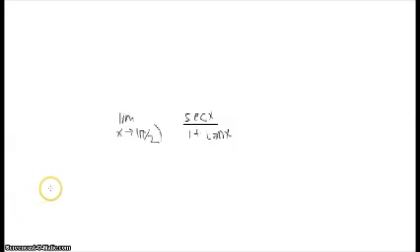For example, if they give you the limit as x approaches pi over 2 of secant x over 1 plus tangent x, would you know how to solve for that one instead of just the regular functions?